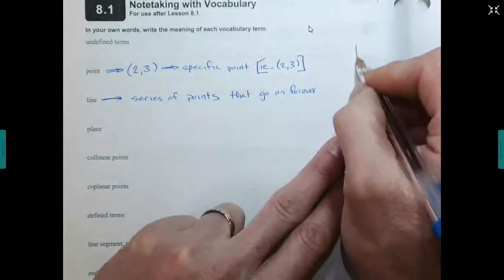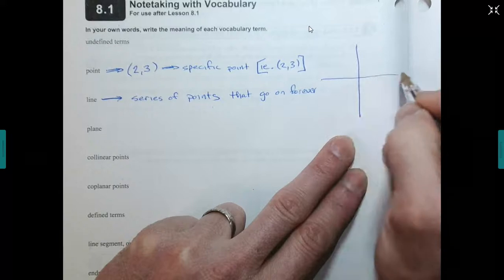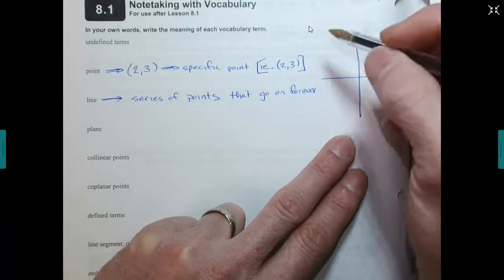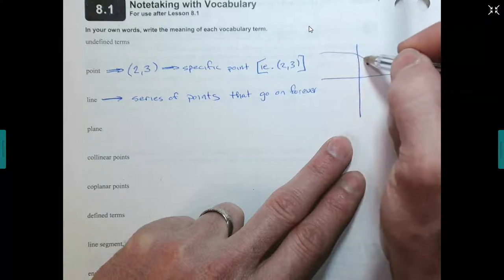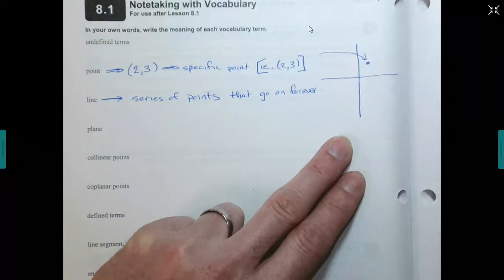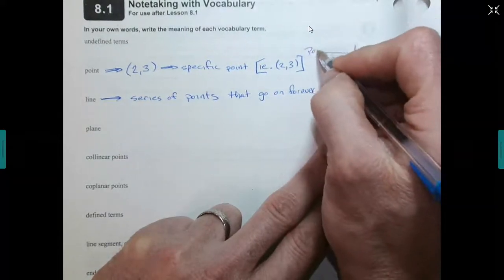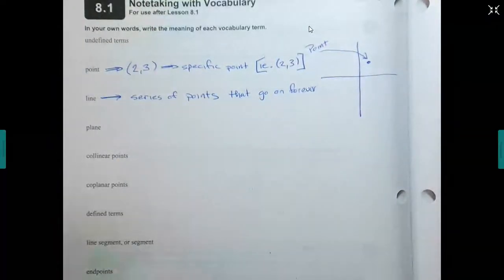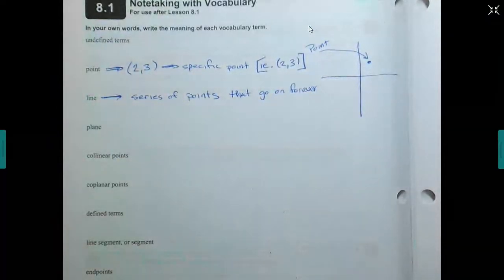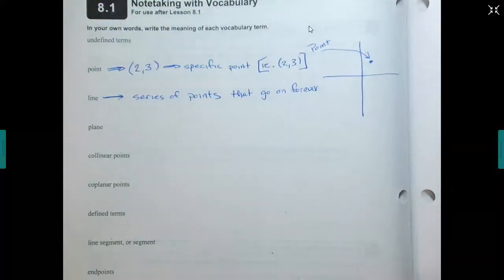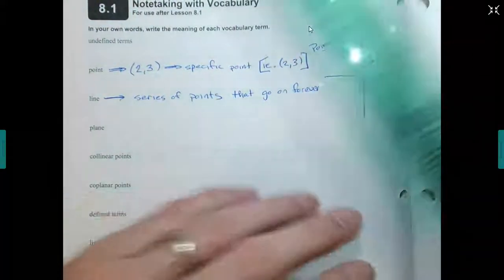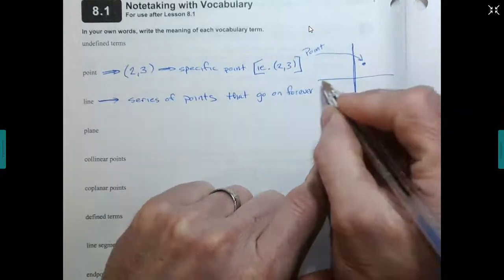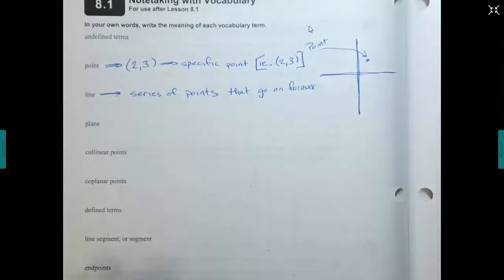So if we make a chart, 2, 3, there's our point. You're going to have all these definitions that I do in your book. This is part of your homework, so you're going to take a picture of these definitions and include it in your homework.